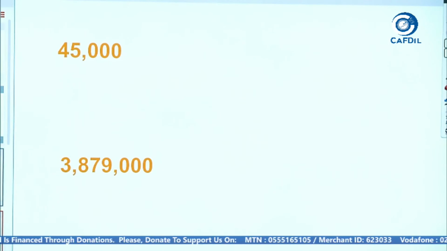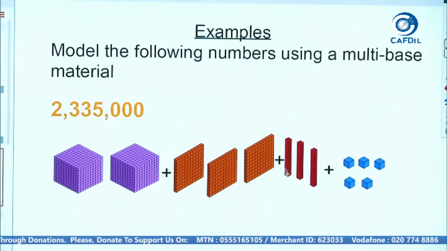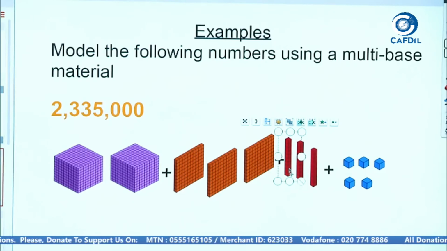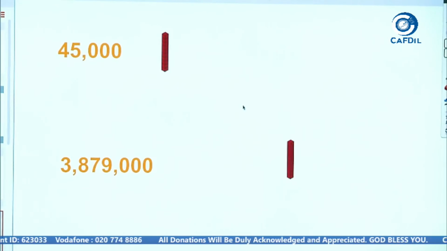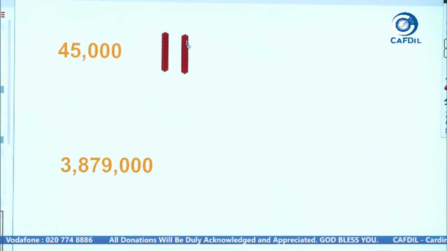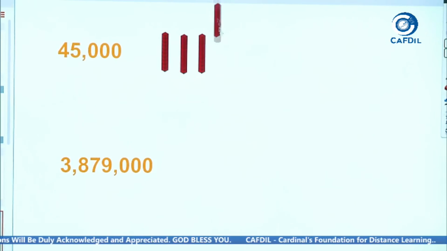So if it is 40,000, which of the material are we going to use? It means we have to pick the rod or the long. How many of the longs, learners? Yes, we will need 4. So I'm modeling mine. I hope you are doing it as well.